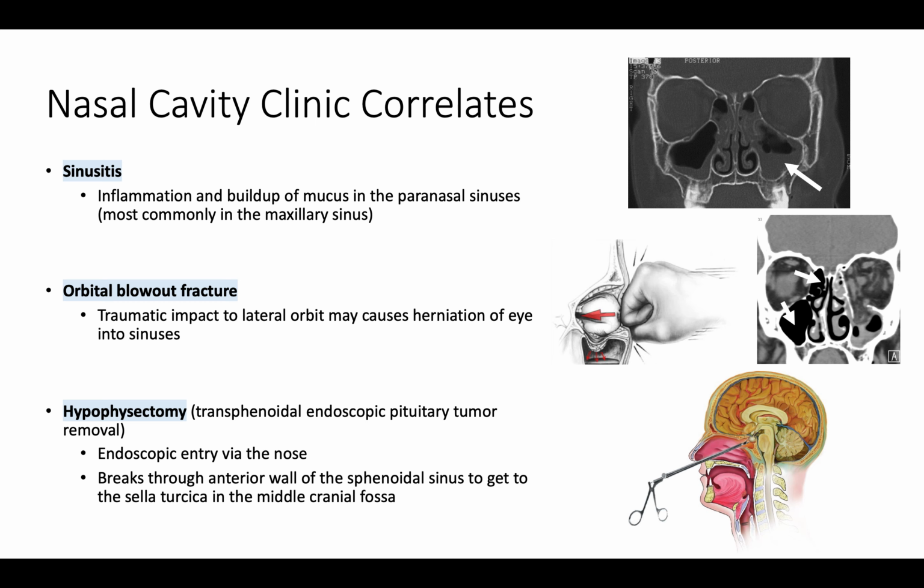It can cause a herniation into the ethmoid sinus or into the maxillary sinus. And then the hypophysectomy is where they go through the nose and get out a pituitary tumor and break that anterior wall of the sphenoid sinus to get to the sella turcica in the middle cranial fossa and get out that tumor.